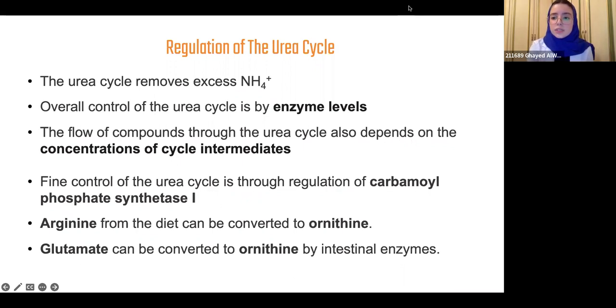Now, one of the most important points, which I already mentioned a few times, is the first step. This first step of the urea cycle, where you're making carbamoyl phosphate, is called the critical step. The way that the body regulates the urea cycle is through carbamoyl phosphate synthetase 1, which is the enzyme of the first reaction.